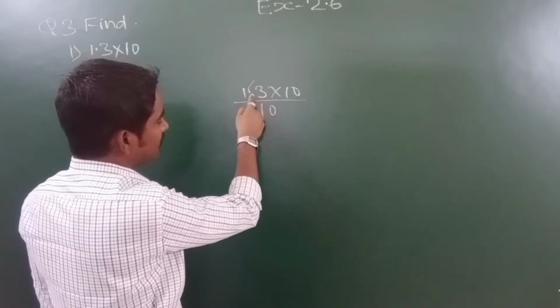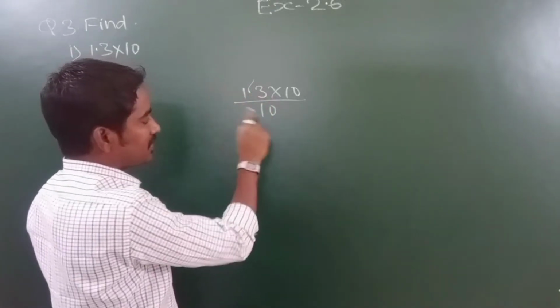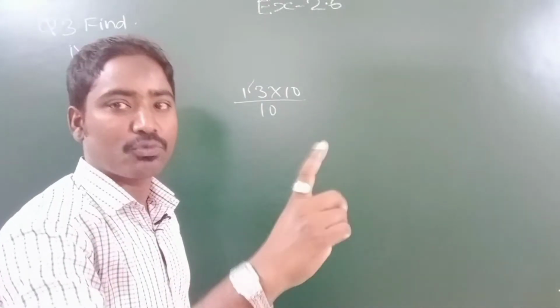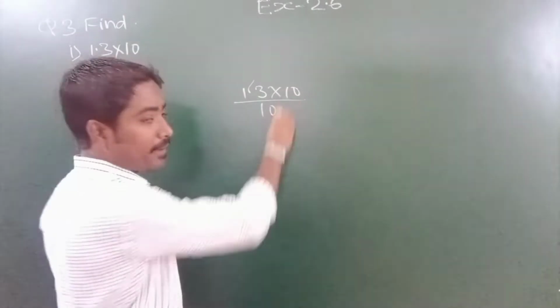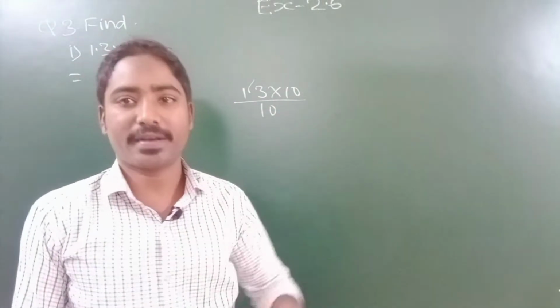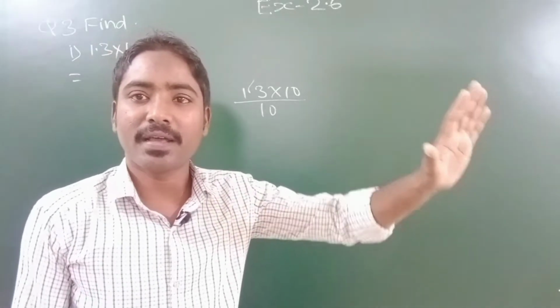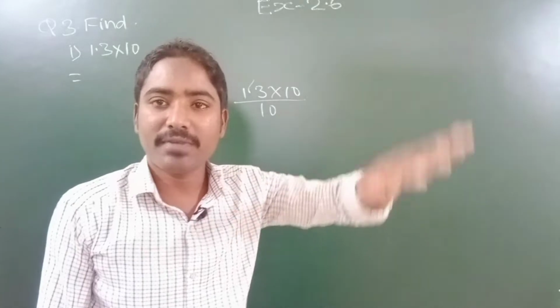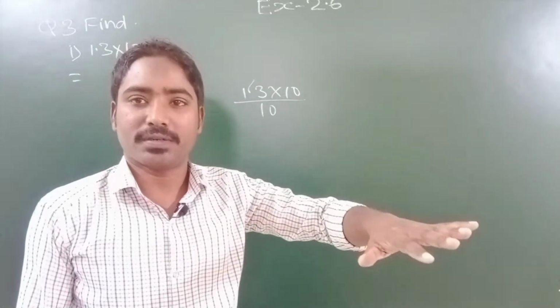Because after the decimal only one digit is there. Suppose after the decimal there were two digits, then to remove the decimal I would divide by 100, that is 2 zeros. If 3 digits are there, we divide by 1000. If 4 digits are there, we divide by 10,000, like this.